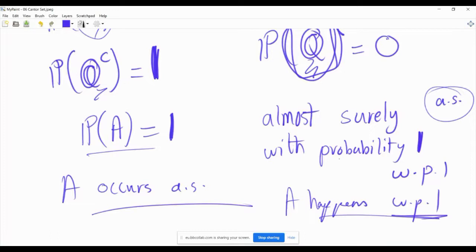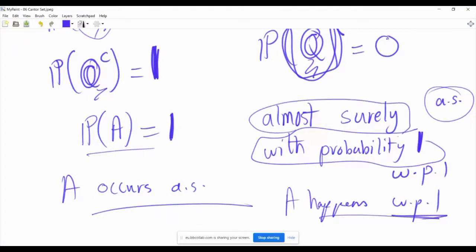Of course, with probability 1 is clear regarding what it means, but almost surely is also used a lot in the literature and in references. And never ever make the mistake of saying that something with probability 1 should be big omega. This is not true. If the probability is 1, it can be something that is fundamentally different from big omega.